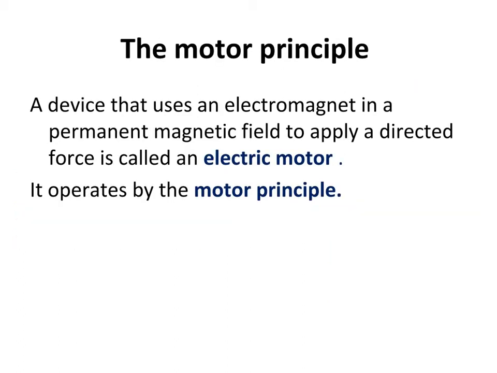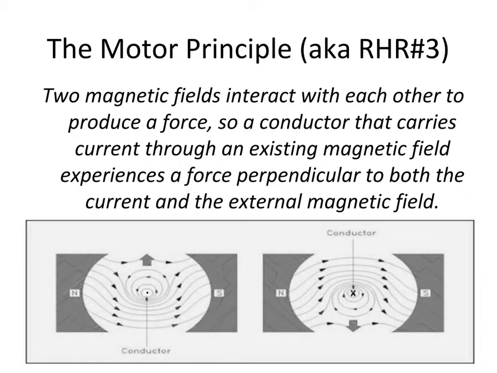So not surprisingly, a device that uses an electromagnet inside a permanent magnetic field is called an electric motor, and it operates by the motor principle, and that's our third right-hand rule that we talked about. So the motor principle is, well, two magnetic fields interacting with each other.